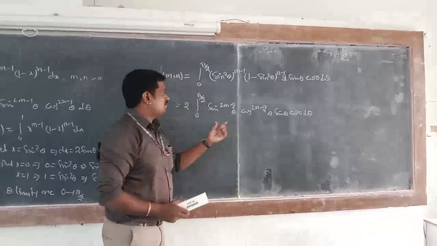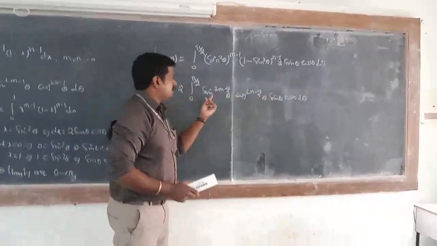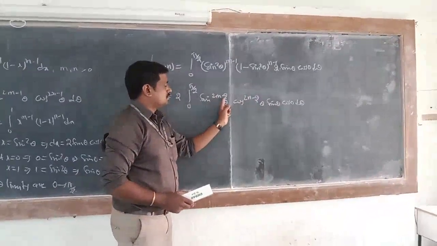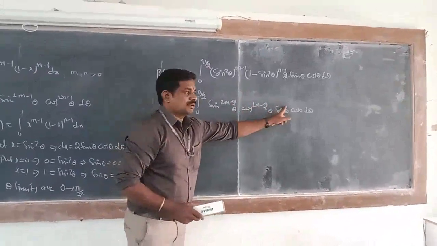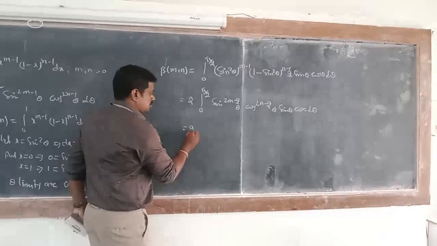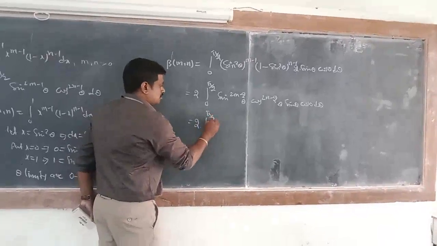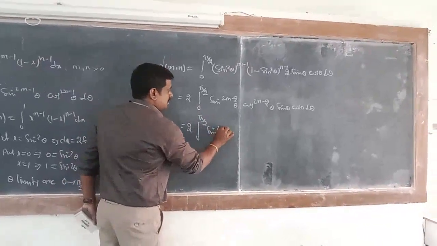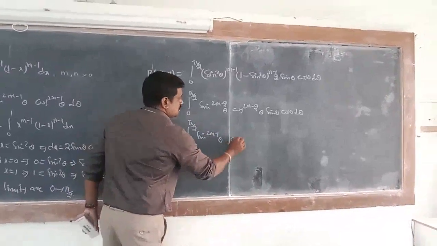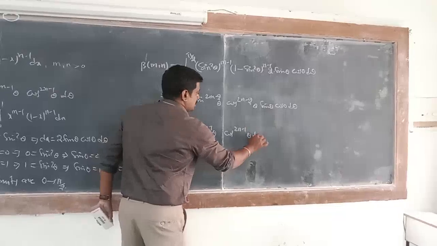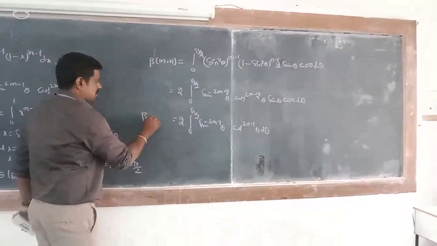Now simplify. The bases are equal, so adding the powers, 2m minus 2 plus 1 is 2m minus 1. So we get 2 into integration 0 to pi by 2 sin power 2m minus 1 theta into cos power 2n minus 1 theta d theta.